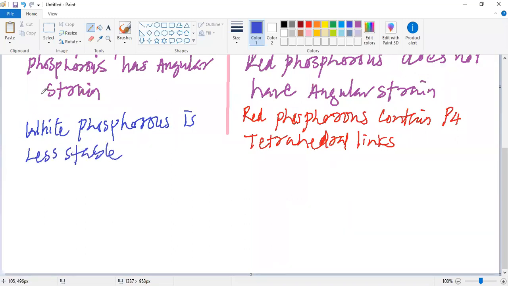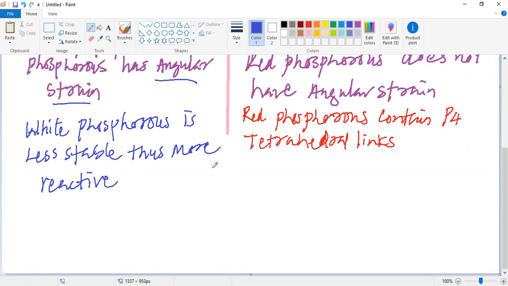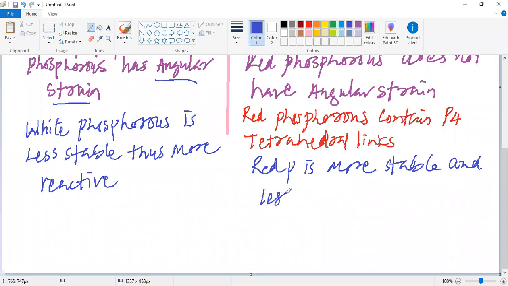It is less stable due to the angular strain, and thus more reactive. So our white phosphorus is less stable and more reactive, but compared to white phosphorus, red phosphorus is more stable and less reactive.